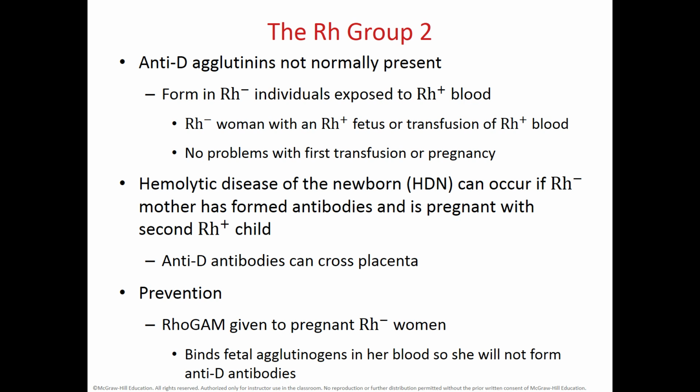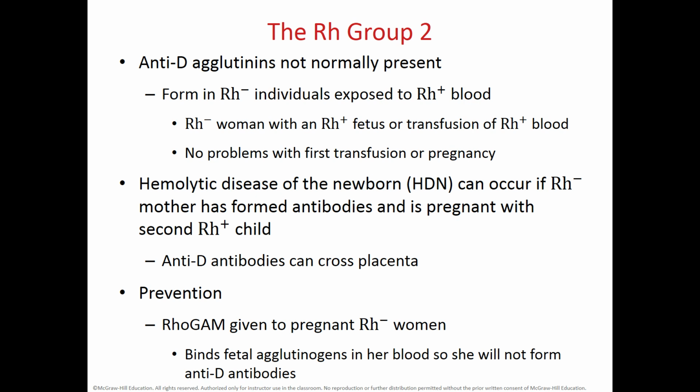Now, in the case of a female who's Rh negative and the fetus is Rh positive, the first fetus that she got pregnant with is Rh positive, she will start developing antibodies. And in subsequent pregnancies, the female will have preformed antibodies if she hasn't received a vaccine that is called RhoGAM.